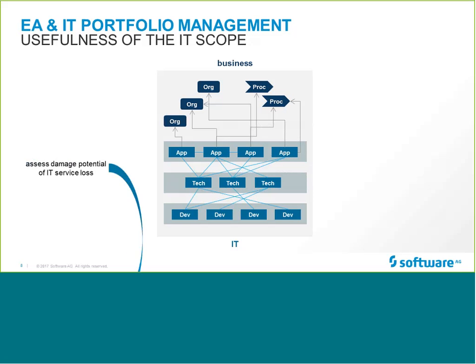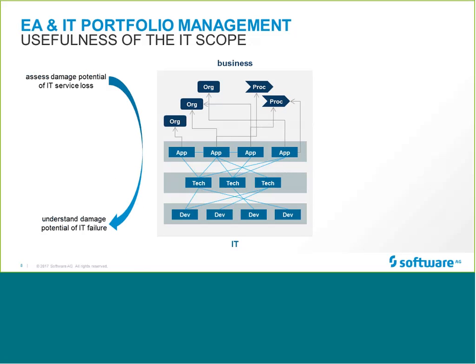And with this, we can abstract and aggregate up or down this structure. On the one side, if we start at the top and say, okay, we want to understand what is the impact on the business if parts of the business aren't available. For example, a process can't be executed or an organization isn't running. Is that going to impact us in 1 million a day or no loss a day or billions a day?